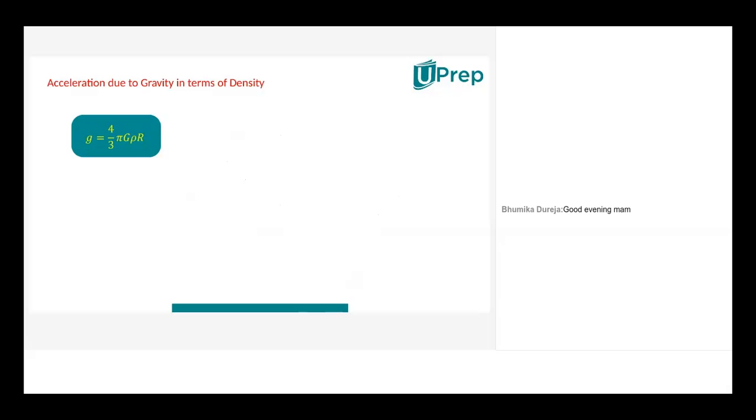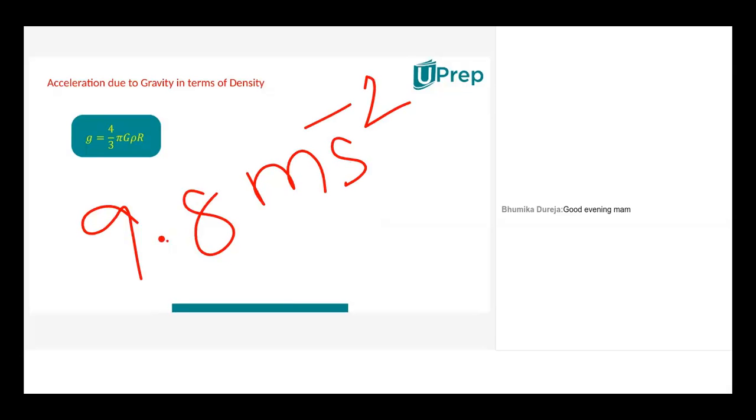If I consider the mass of the earth and the radius of the earth and use this formula, I will be getting the value of small g, which is 9.8 meter per second square. This is the value of g on earth.